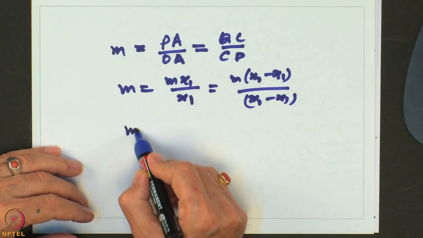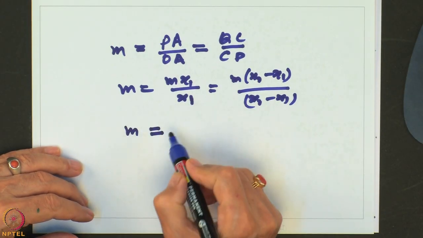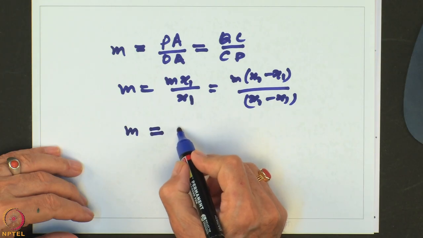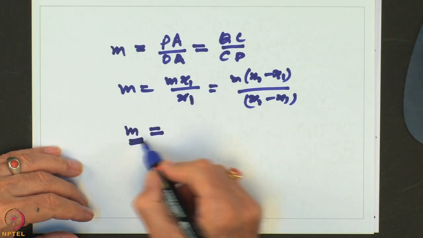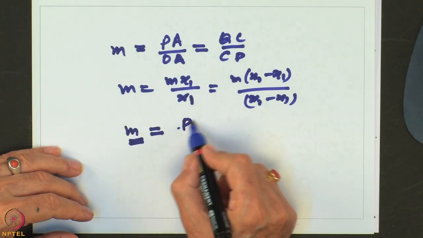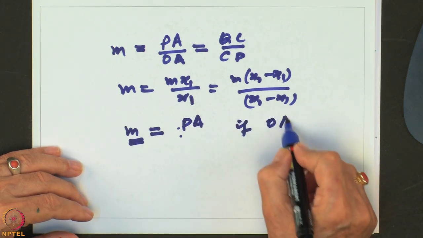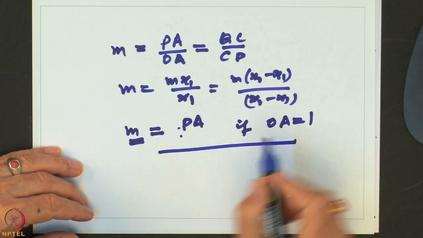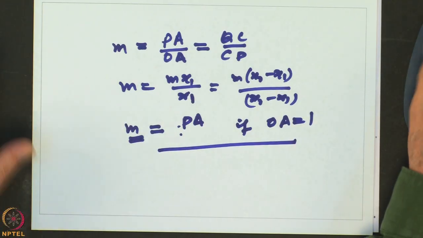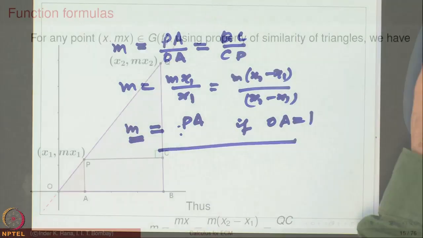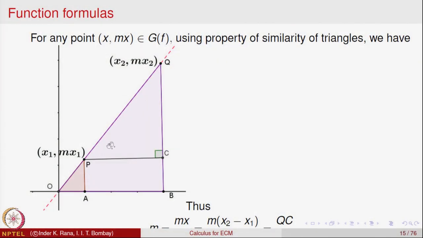So, what is m? If I take x1 equal to 1, then it is equal to PA if OA is equal to 1, right. So, essentially what we are saying is, if I take any 2 points, then they are going to be on the same line, that is the red dotted line.